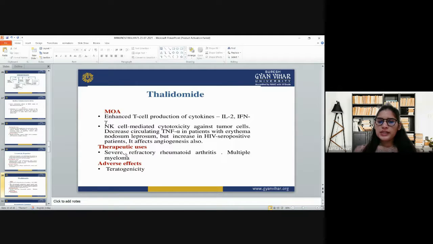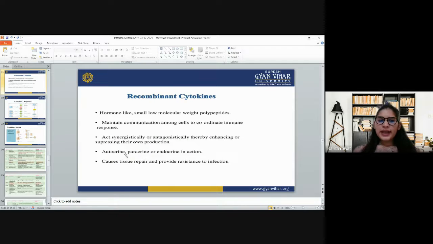Therapeutic use includes severe refractory rheumatoid arthritis and multiple myeloma. Adverse effects include teratogenesis.